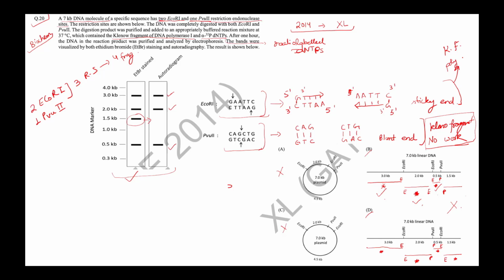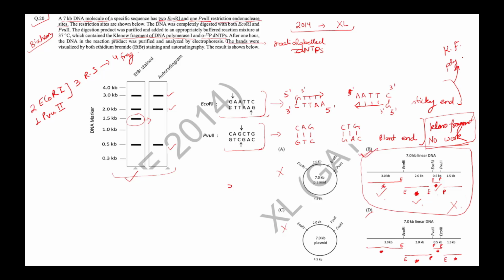So if we compare the EtBr stain and the autoradiogram, this particular DNA map correctly matches the results which they have got on the EtBr gel stain and the autoradiogram.